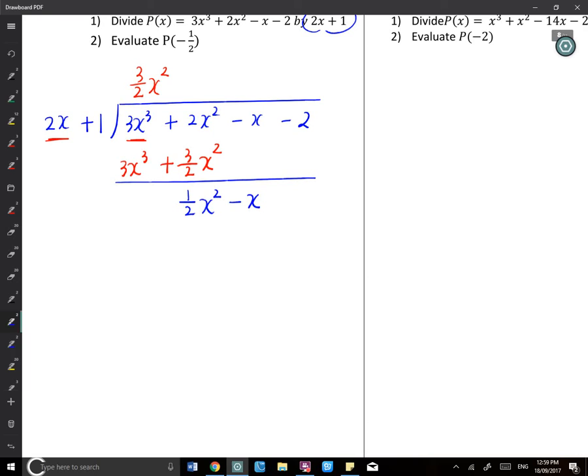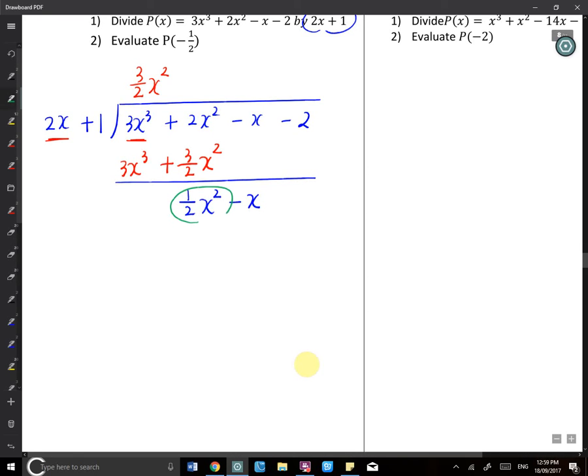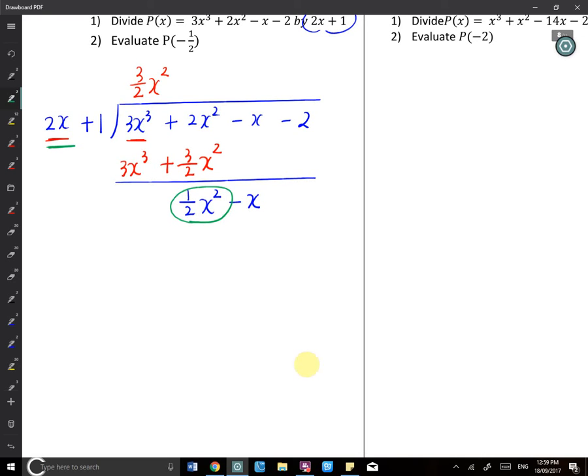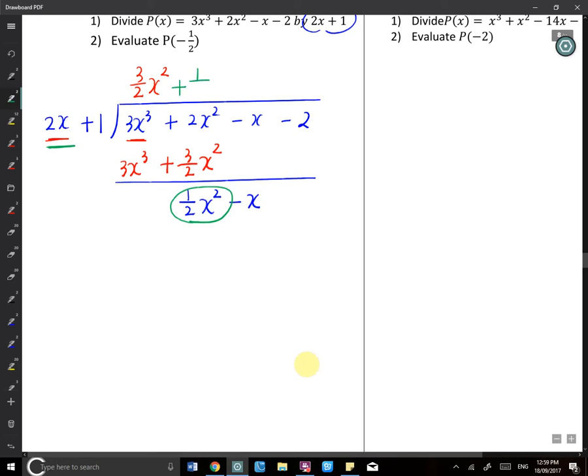Then we use half x squared divided by 2x. What do you have? A quarter x. Good. So a quarter x times 2x is half x squared, and a quarter x times 1 is a quarter x again.